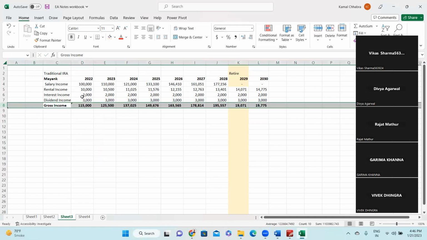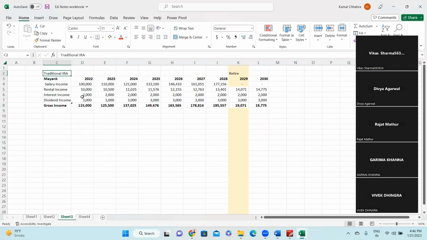And now Mayank makes a contribution to traditional IRA of, let's say, $6,000 every year. So taxable income for Mayank will be how much?